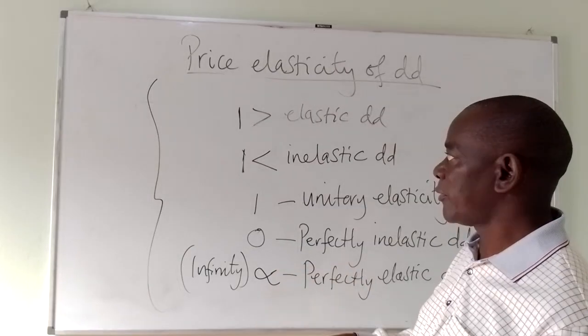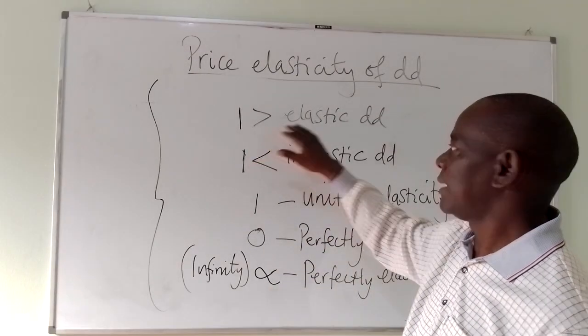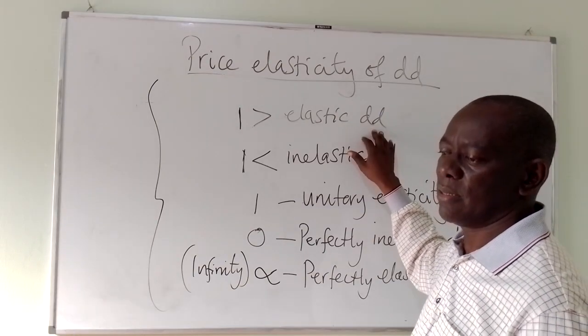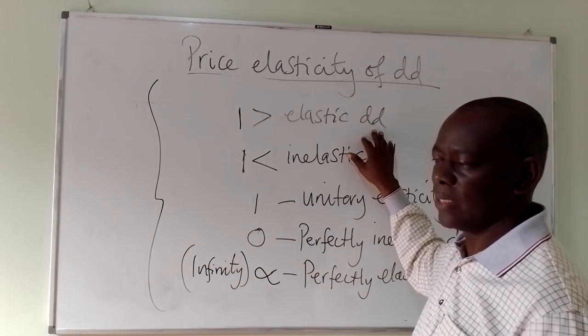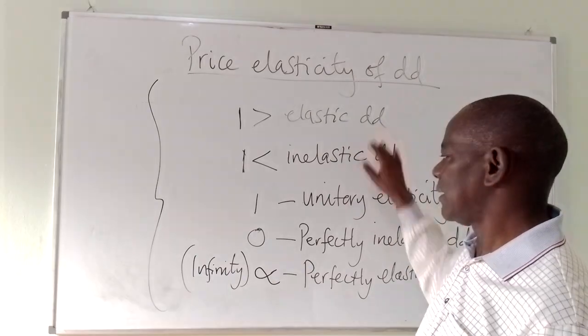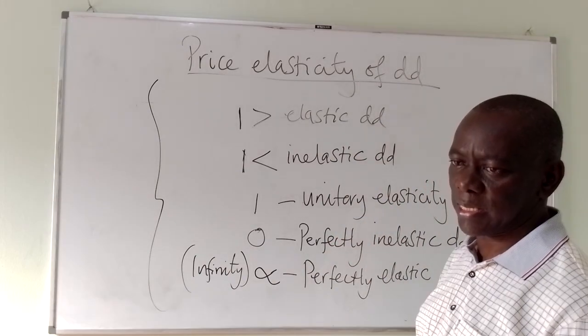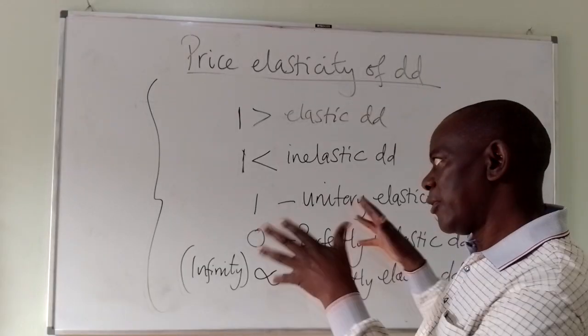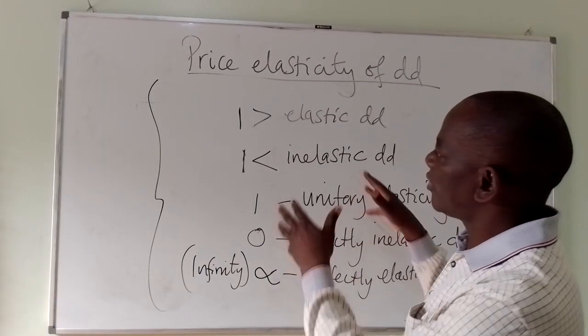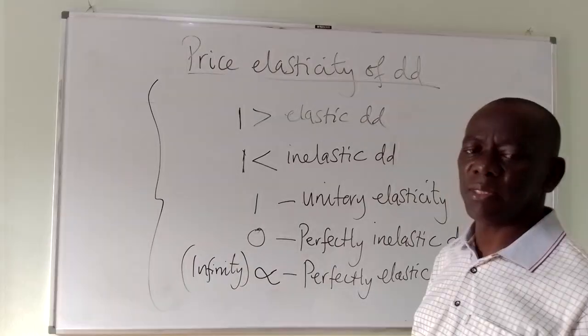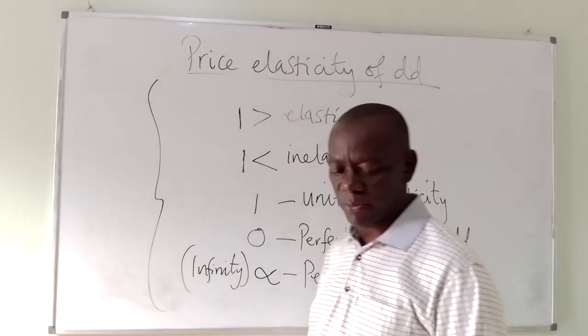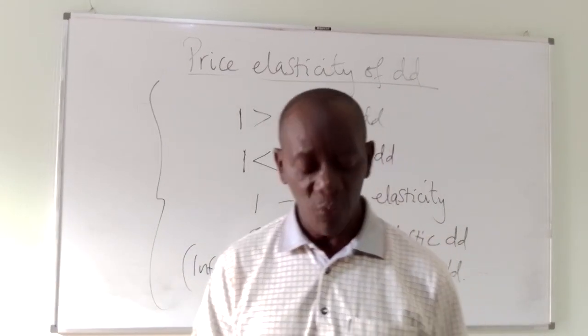You first calculate, find out the figure, name it, and say this change is elastic, this change is inelastic, this change has unitary elasticity, this one is perfectly elastic, perfectly inelastic. Those are conclusions. Now these conclusions, we have to illustrate them with diagrams.